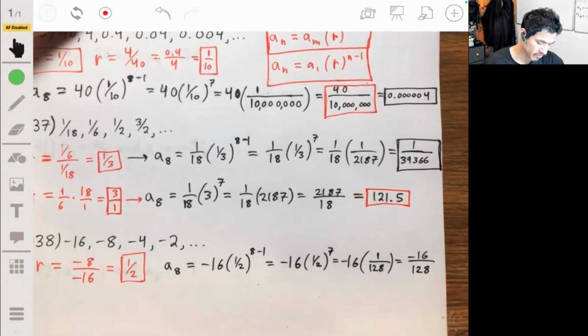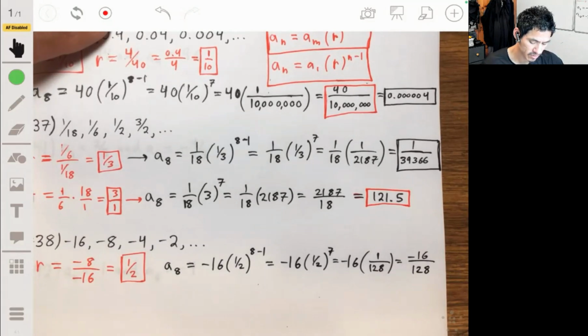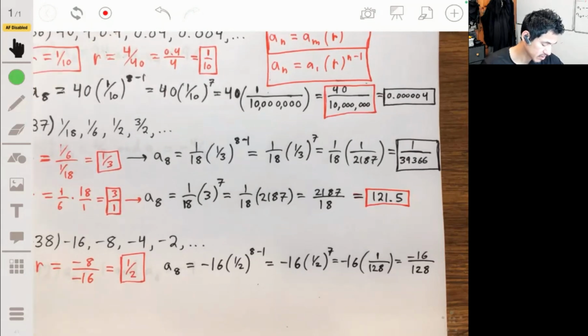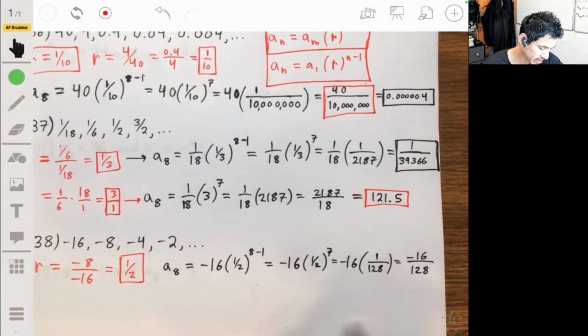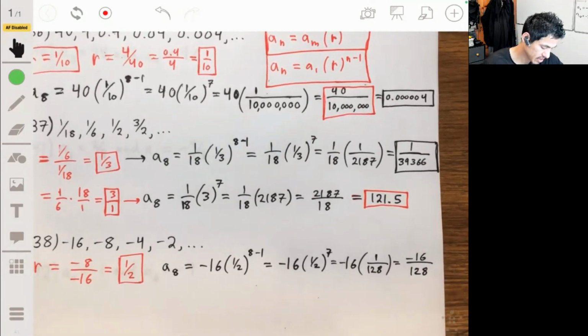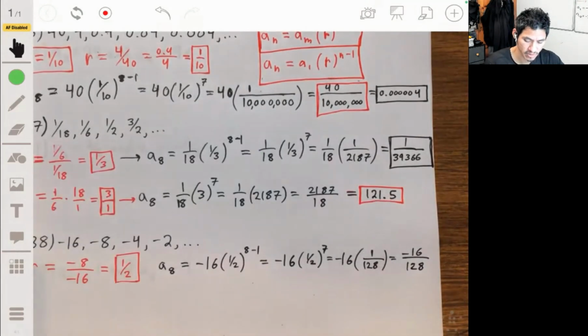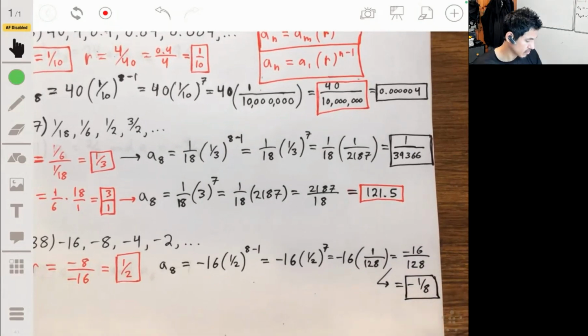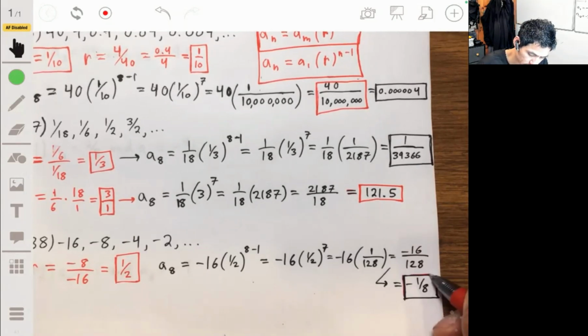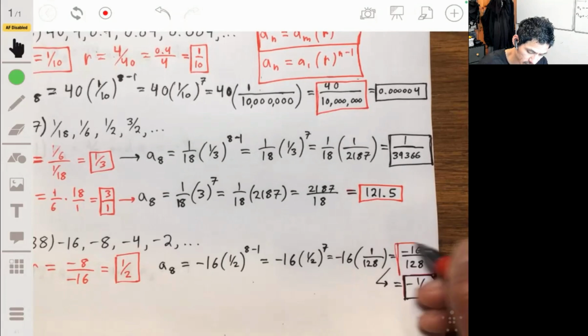I'm going to divide both of those by 4, right? 64, 32. Both of those by 8, actually. So this goes 2 over 16, I think, right? 128 divided by 16, yeah. So this is just -1/8. But again, me personally, I don't mind too much if my students don't reduce their fraction all the way. So either of these answers is fine with me.